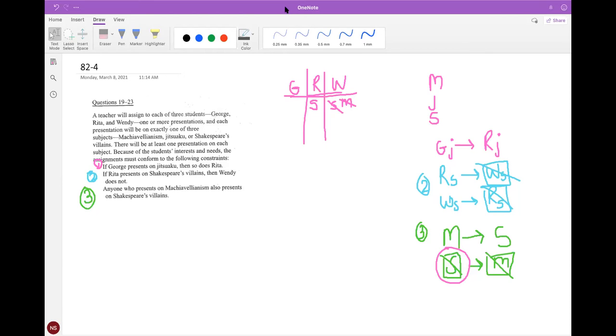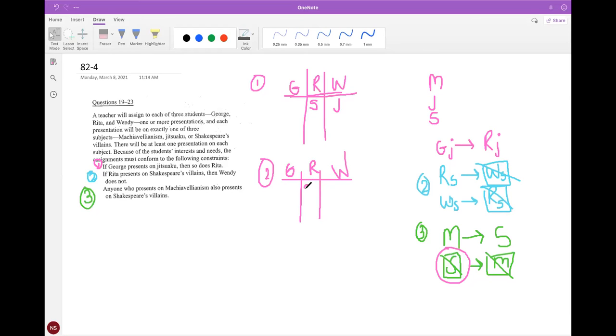J. Excellent. So if S has R, we know that W has J. So this is world one. And then world two would just be that R is not S.